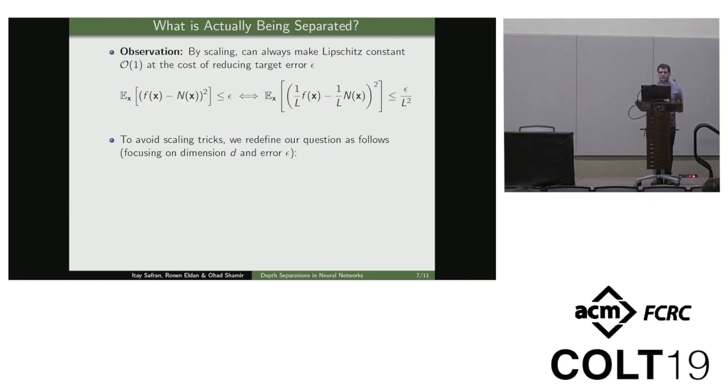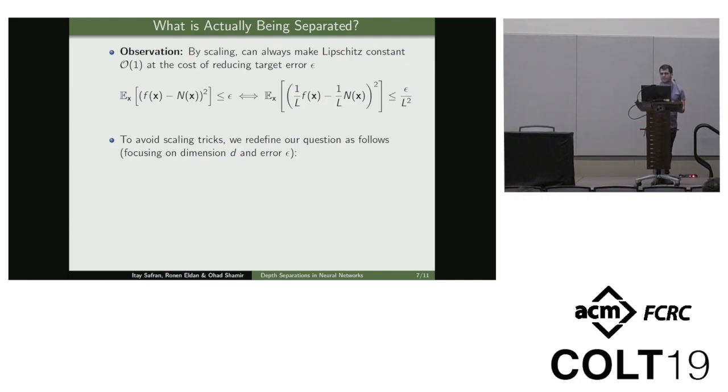So any approximability result for a function with a large Lipschitz constant can be translated to an approximability result with a constant Lipschitz parameter, as we can see in the displayed equation. Similarly, we can also show that you can trade off the radius of the domain of approximation with the Lipschitz parameter. So we need to refine our question.